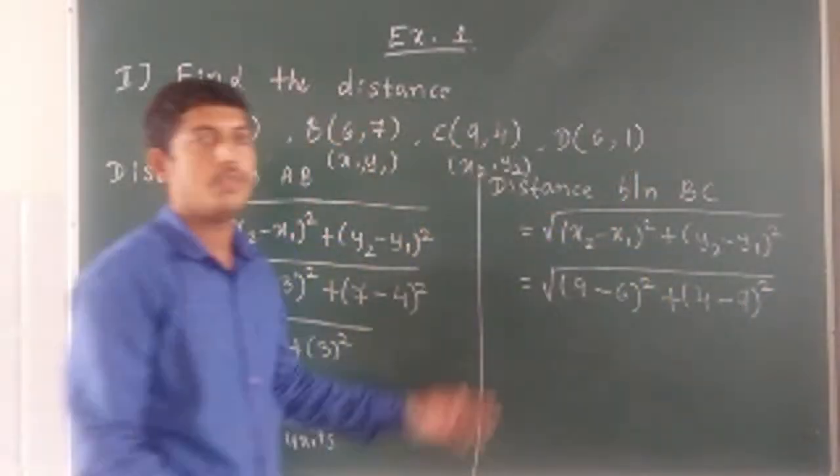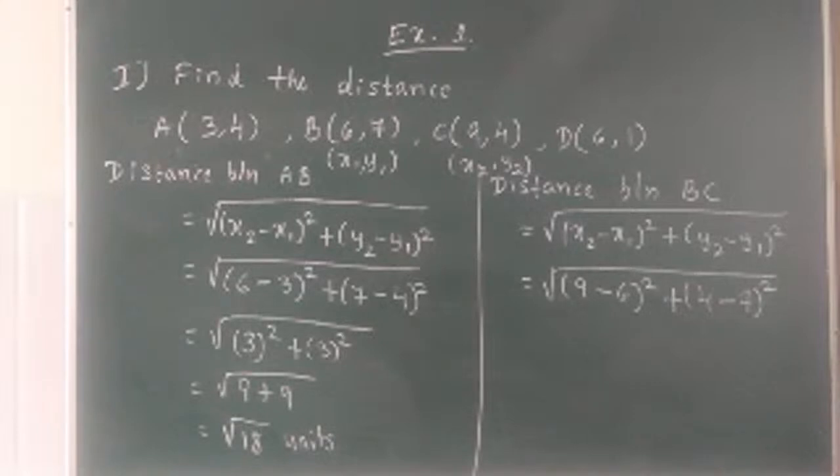Now do the next step and comment with the answer. It is square root of 9 minus 6 whole square plus 4 minus 7 whole square. Sinchana, Vinay Kumar, Vishal, Vinay Kumar give the answer as square root of 18. Any other answers?